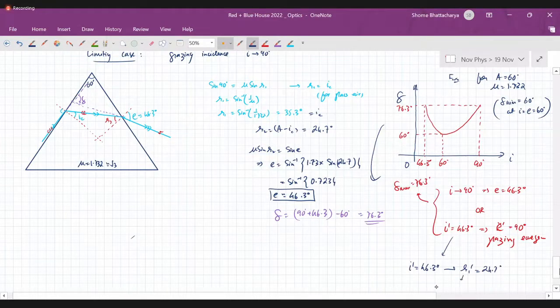Then from that you will get R2 prime, the second angle of incidence, as this one, 35.3 degrees, which is the critical angle. So finally, the emergence will happen at grazing. So that's just the reverse of this diagram.